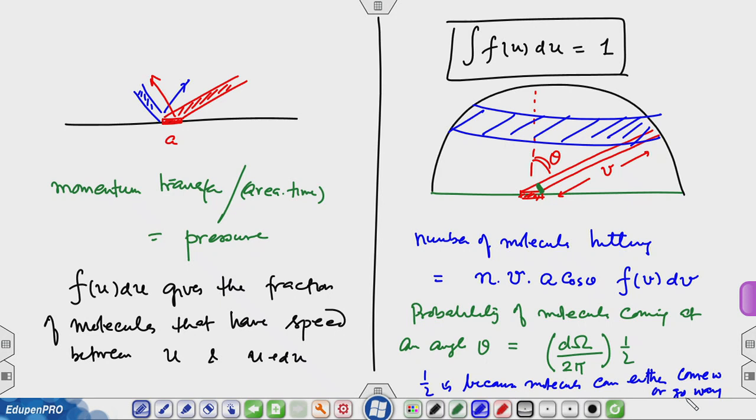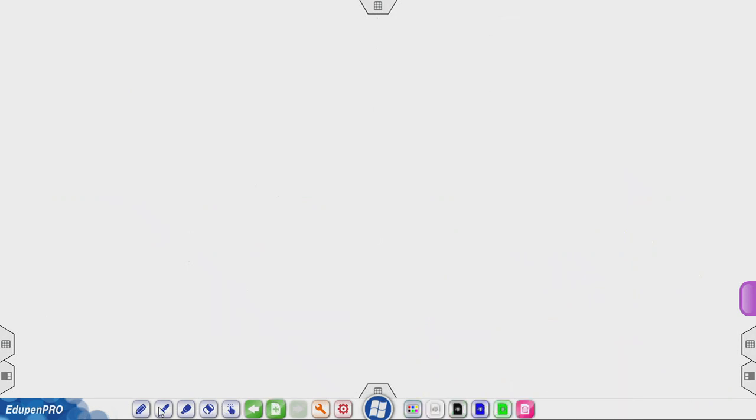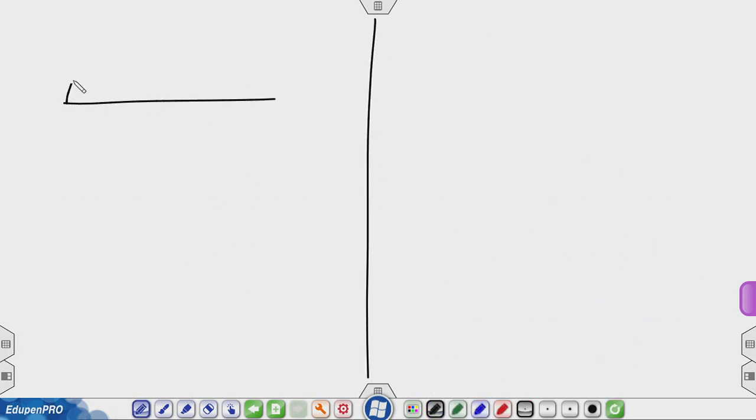Let me repeat this argument on the next slide. So what we are doing is we are considering molecules coming isotropically, and we are considering them coming at an angle theta.